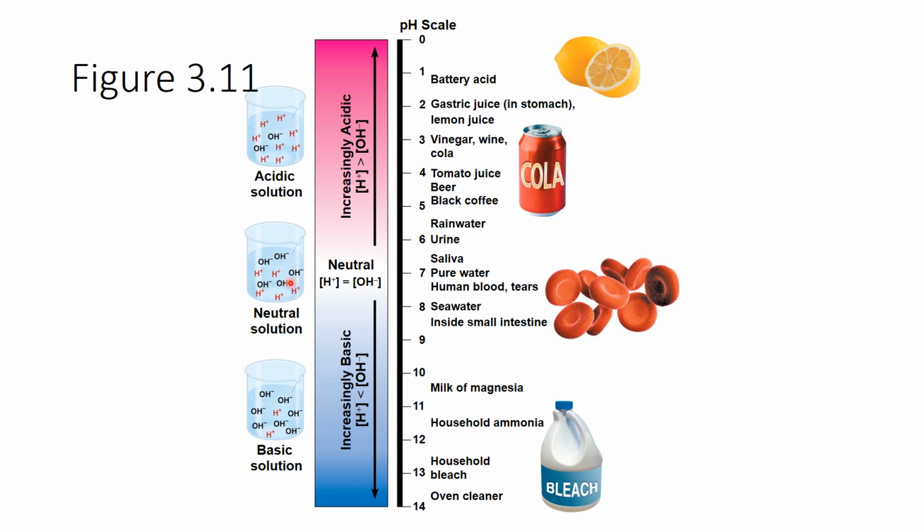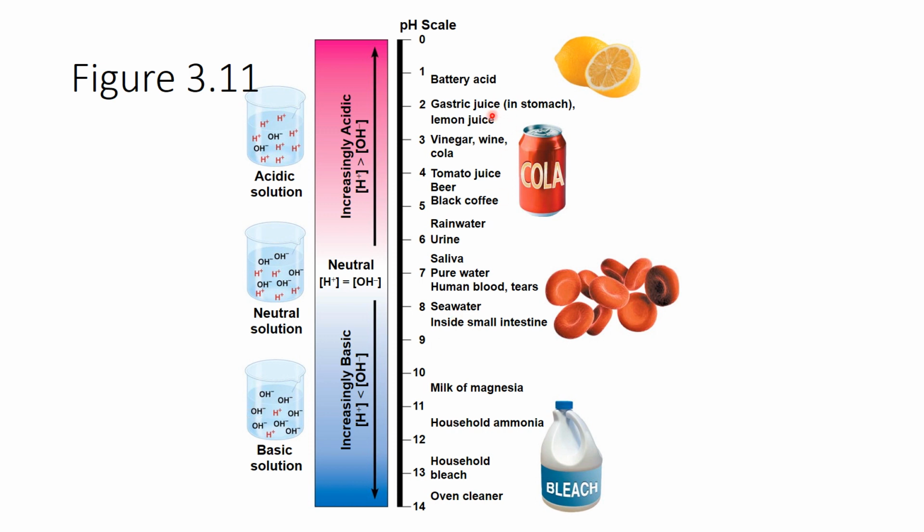In a solution that has a pH that's below 7, the concentration of the hydrogen ions is greater than the hydroxide ions. So there's more hydrogen ions in that solution. And in a solution that has a pH above 7, there is a greater concentration of hydroxide ions than hydrogen ions.